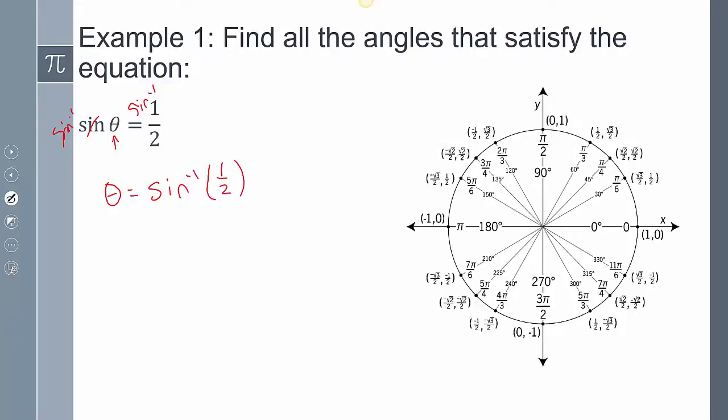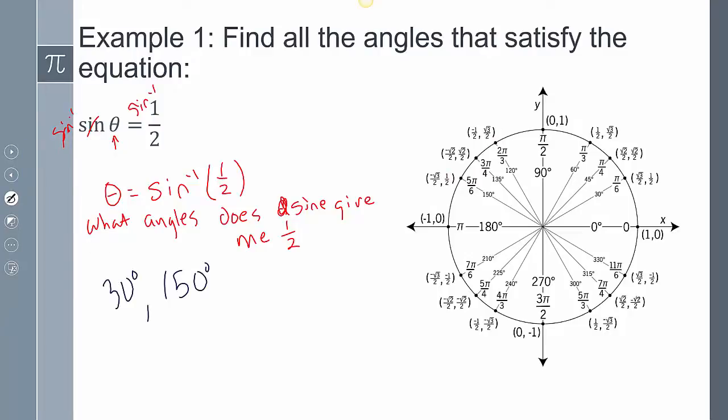Now using the unit circle, this is saying what angle does sine give me 1/2. So I need to look at my sine values, which are my y, and I need to look at the ones that are 1/2. So this one's 1/2, so that's 30 degrees. And then keep going. This one's 1/2, so it's 150 degrees. So my answer is going to be 150 degrees and 30 degrees.